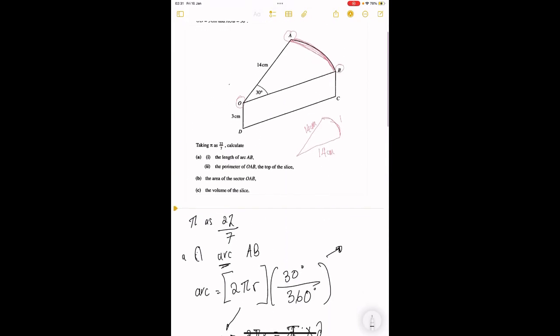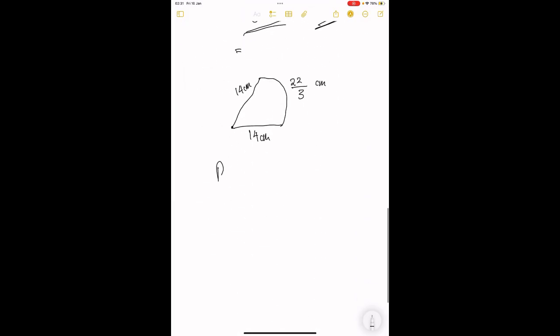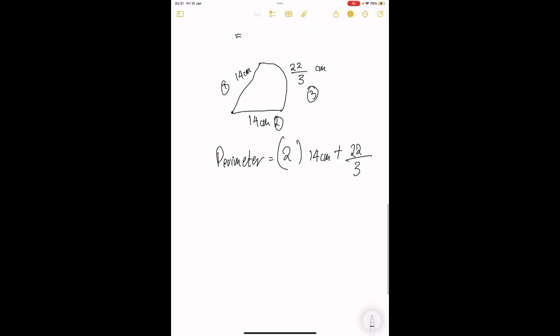So the perimeter is just the length of the 2 radiuses plus the length of the arc, because we have side 1, side 2, and side 3.